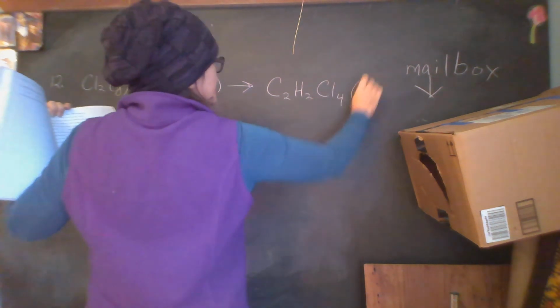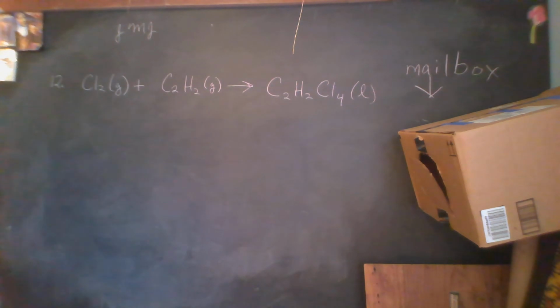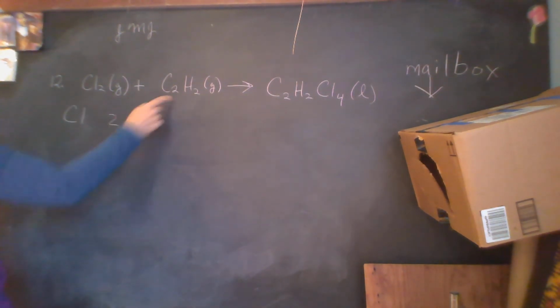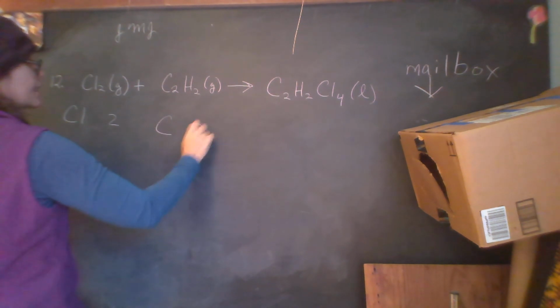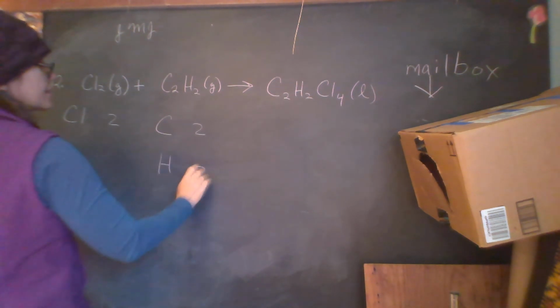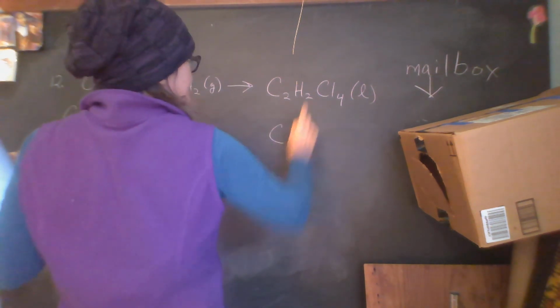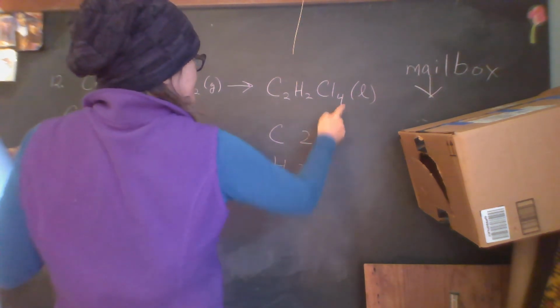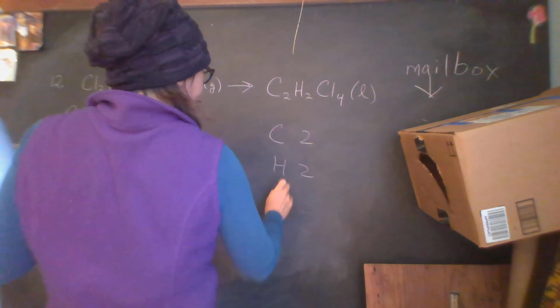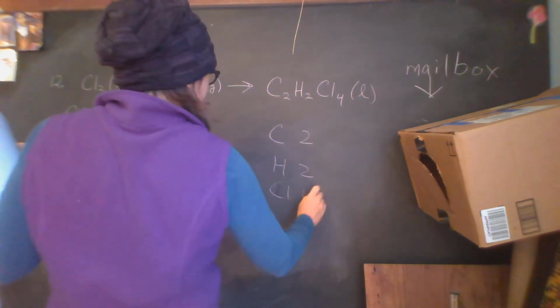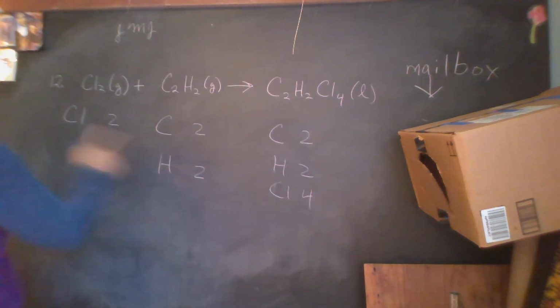C2H2Cl4 liquid. Okay. So on this side, I have 2 of these, and here I have 2 of these and 2 of these. On this side, I have 2 of these and 2 of these and 4 of these. Okay, so that's where we don't match.